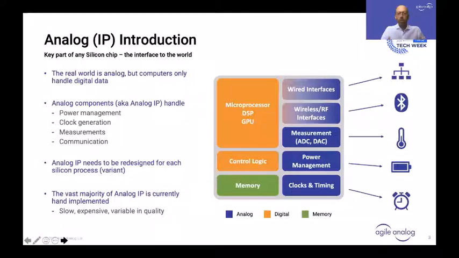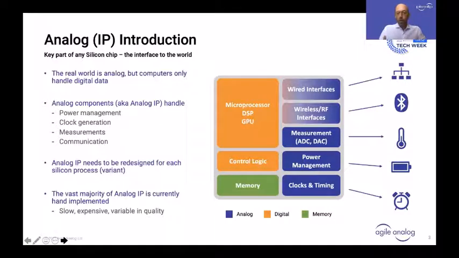This is required to connect the chip to their power source, to adapt voltage supplies to the requirements of the circuits on the chip. You have clocks and timing. This could be anything from generating the clock for the microprocessor to generating the signal for an RF synthesizer.